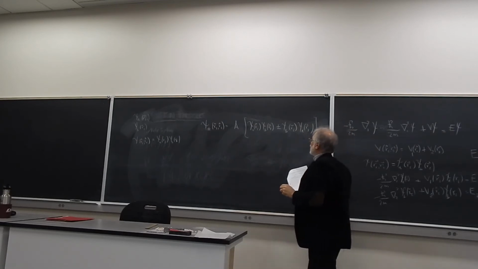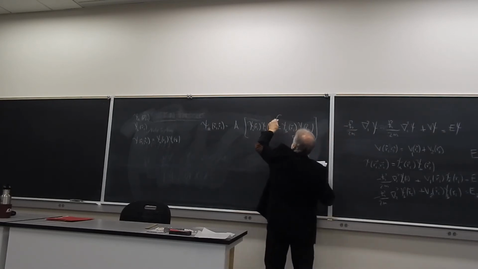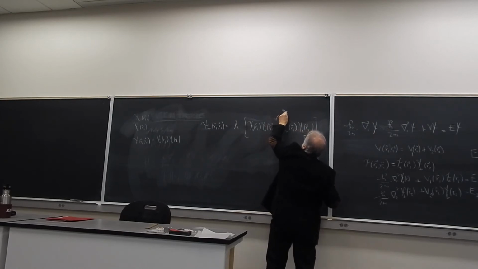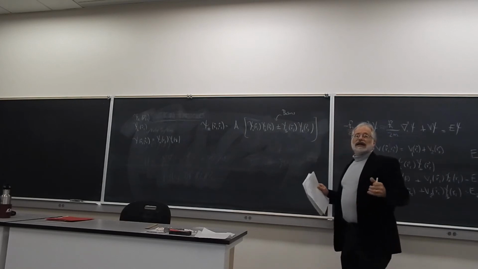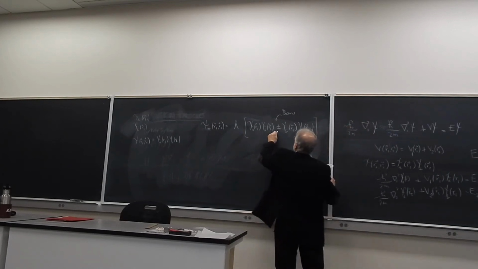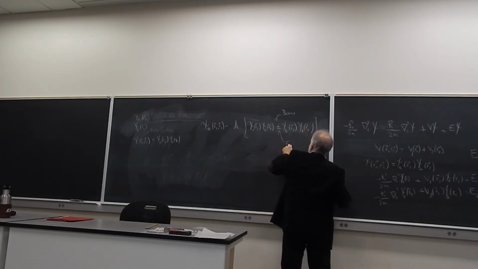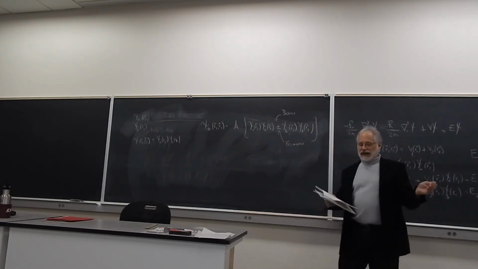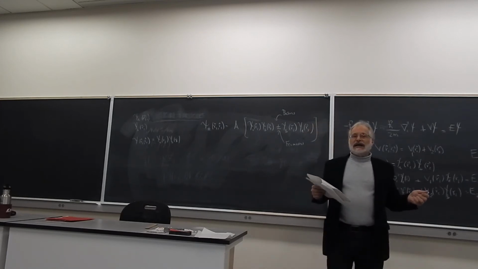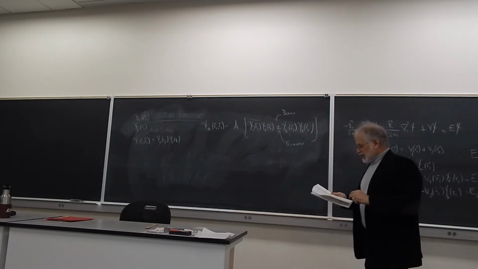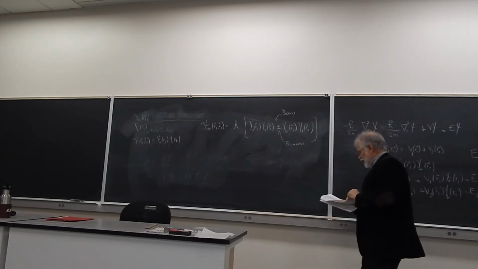The plus sign gives me a symmetric wave function that applies to particles we call bosons. Those particles have integral spin. The minus sign applies to fermions. Those particles have half-integral spin. They obey the Pauli exclusion principle. Of course, we've been through all of that in the statistical mechanics class.